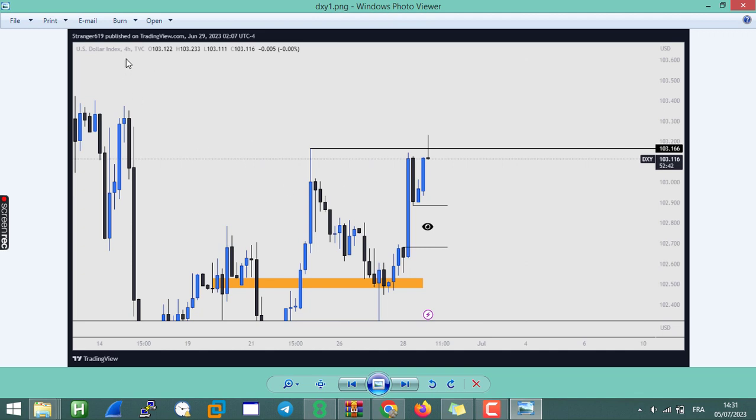All right, this is the 4-hour chart of the Dixie. Again, you can apply these concepts on any time frame. It doesn't matter. Now, I hope you took notes when I explained the two concepts earlier. Now let's apply these two concepts on this piece of price action right here.